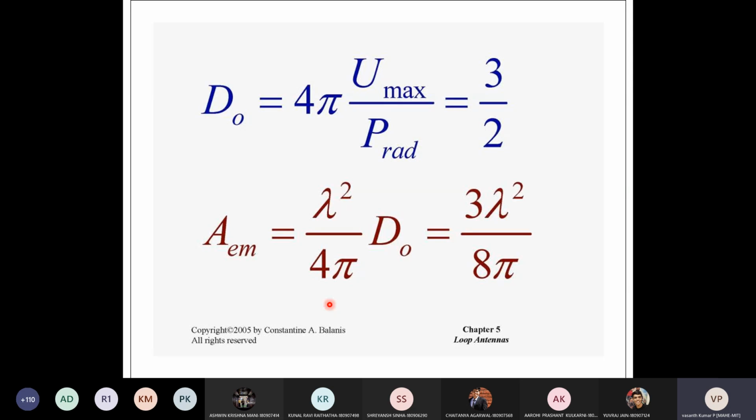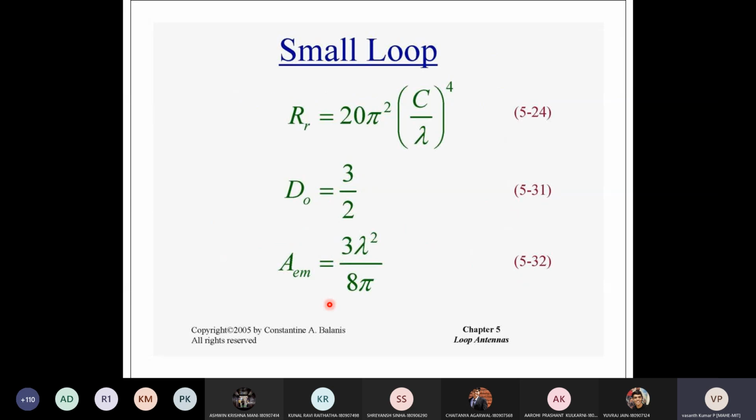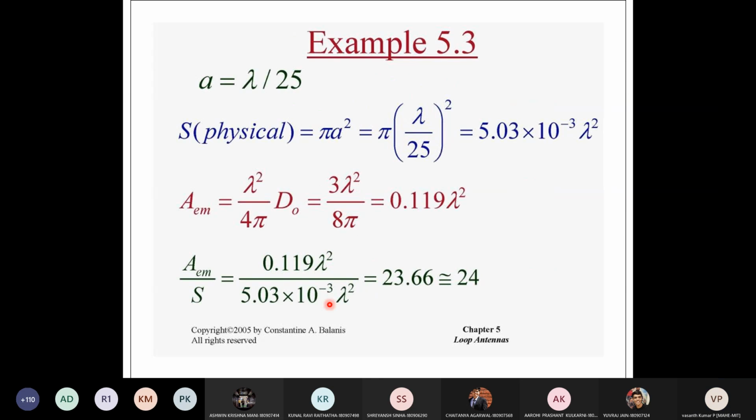And A em is lambda square by 4 pi into D naught. Have you understood? Yes, sir. For a circular loop, in a small loop, RR is this, D naught is 3 by 2, and A em is 3 lambda square by 8 pi.